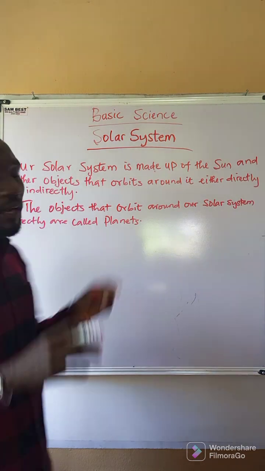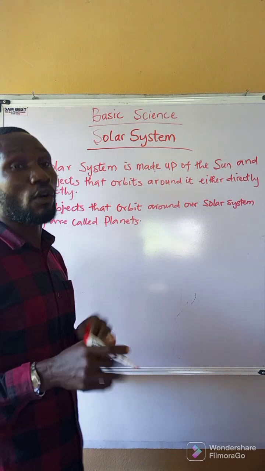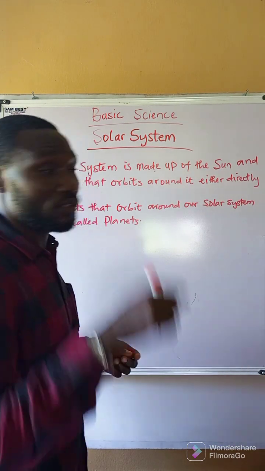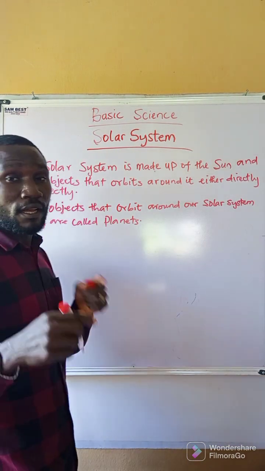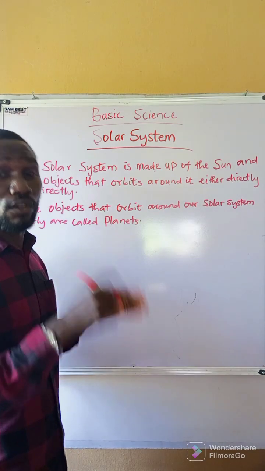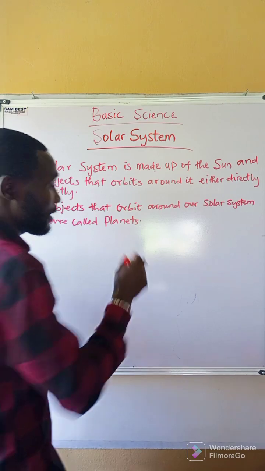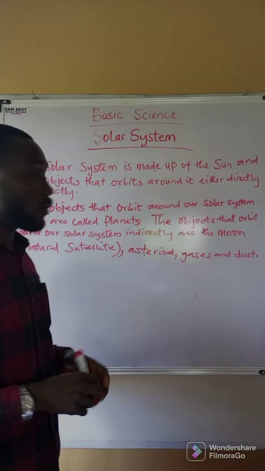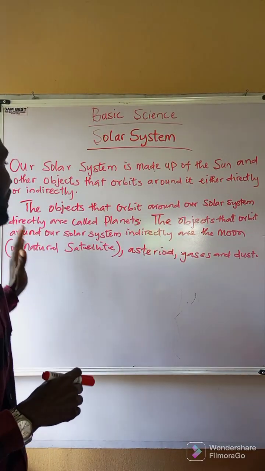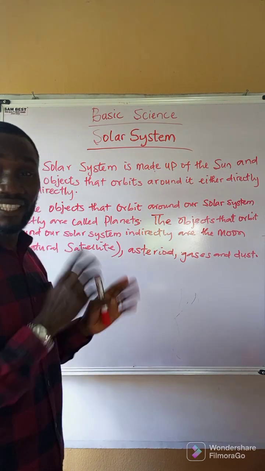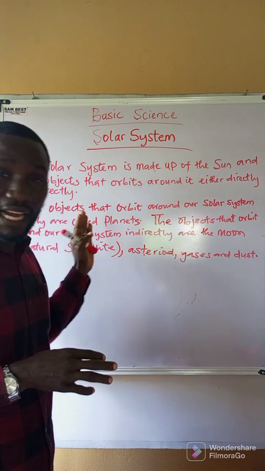And what about those objects that move around or orbit around? Don't be confused with the word orbit. They revolve around our solar system, which is the sun, indirectly. Like I said, the objects that orbit around the sun directly are called the planets.